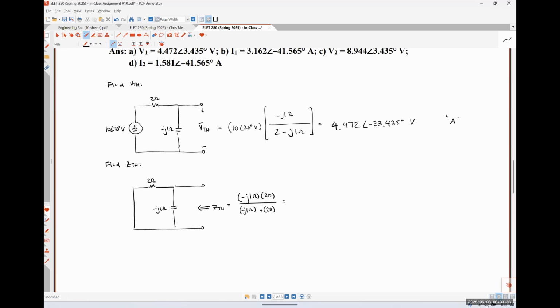Just for what it's worth, I have that as A. So 2 times negative J1 over 2 minus J1.